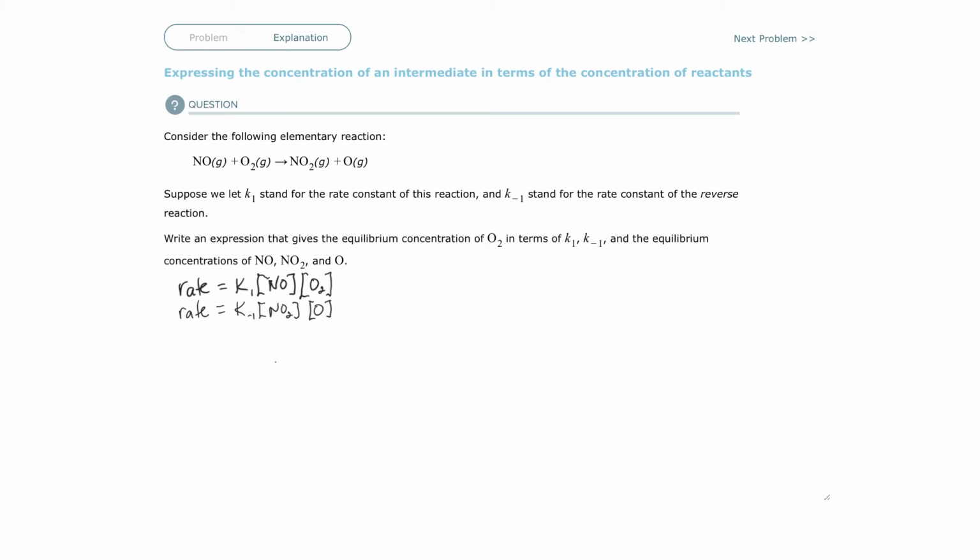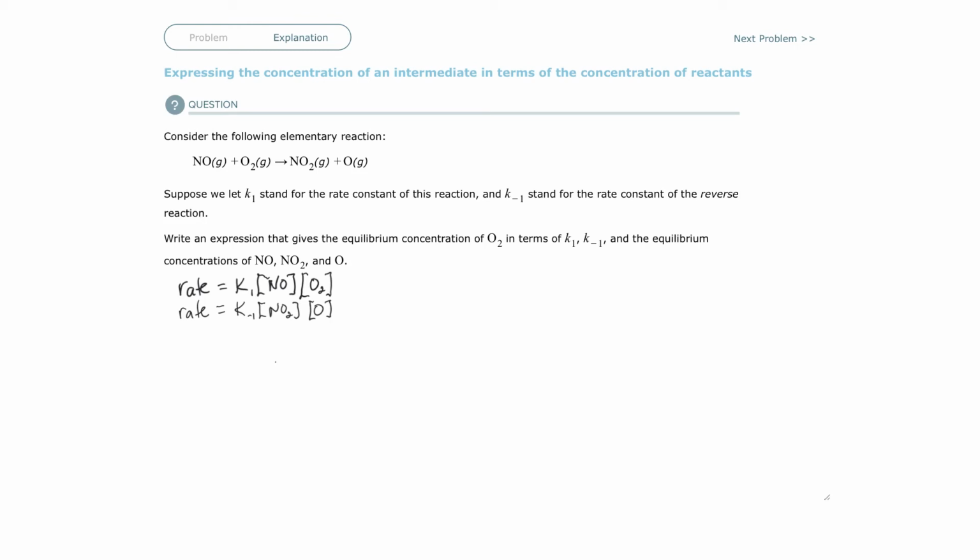If I'm going in one direction and it has a certain rate, then the buildup is exactly the same as the breakdown was on the other side. So if we know that this is the rate law of a forward reaction and this is the rate law of the reverse reaction, these two rates must be exactly the same since it was the same reaction. Since that's true, I can set them equal to each other.